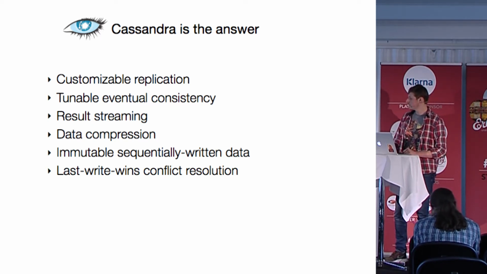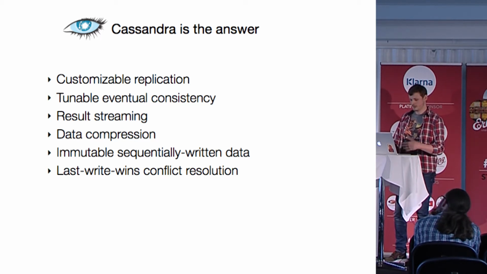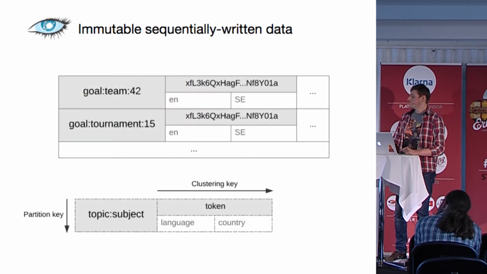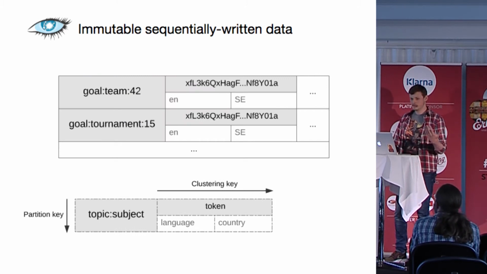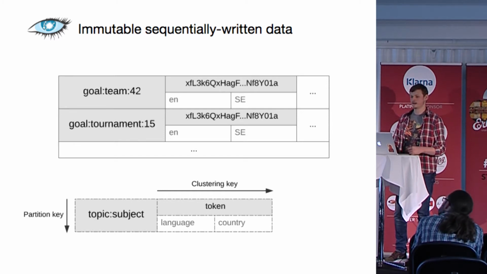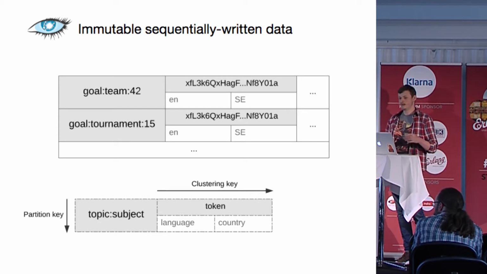And another really important property, like streaming of results that we fetch, and data compression. One of the important, really probably key properties of Cassandra that made us choose it, was that data, when you write to Cassandra, is stored immutably and sequentially on a disk.